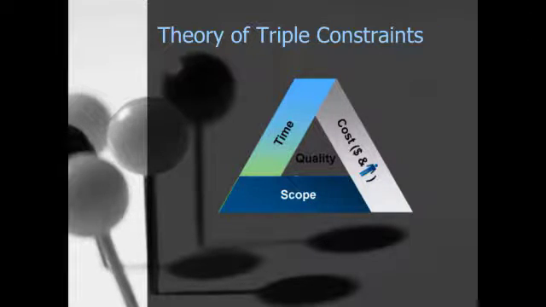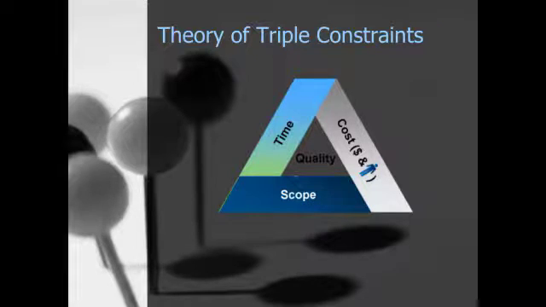So if one of these areas, either time, cost, or scope, changed, the other two areas are impacted as well. So as an example, if the scope of your project, the objectives of your project expand and grow, it's going to probably take you more time or cost you more money to finish that project in the quality that you had planned it to be.